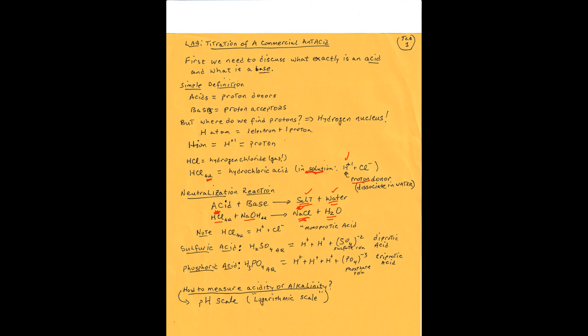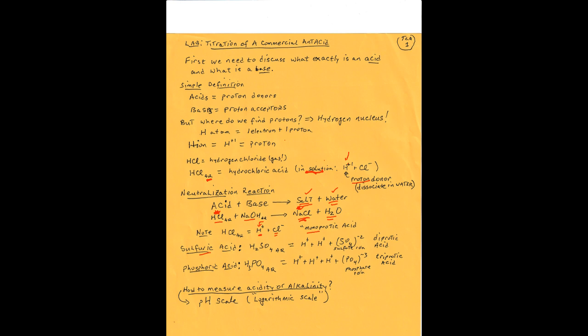Again, HCl, hydrochloric acid aqueous, breaks up into H+ in solution and Cl-. Again, it's monoprotic because it's giving up one proton. Now let's look at sulfuric acid.